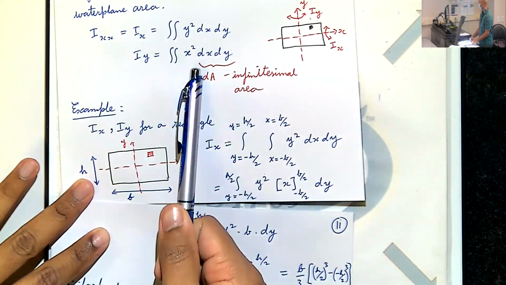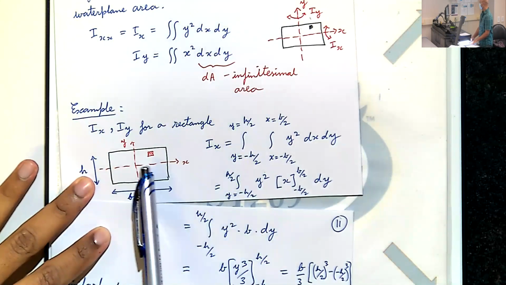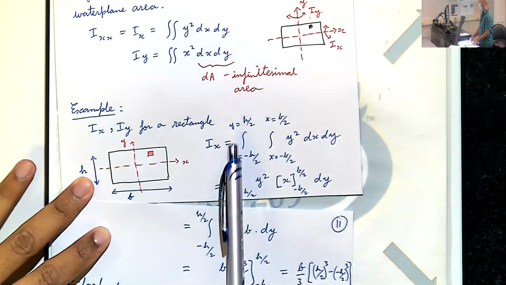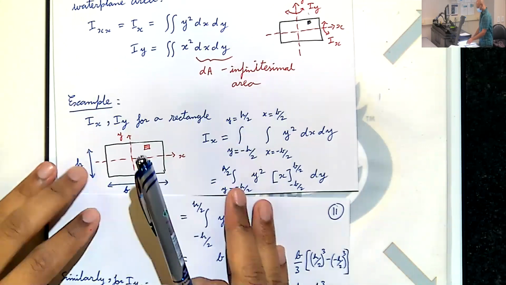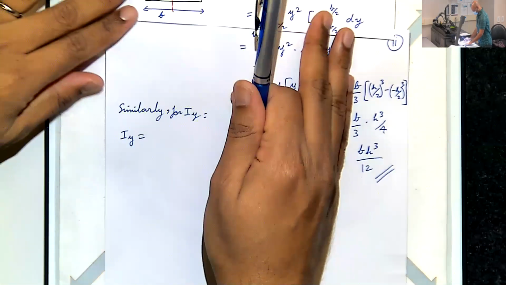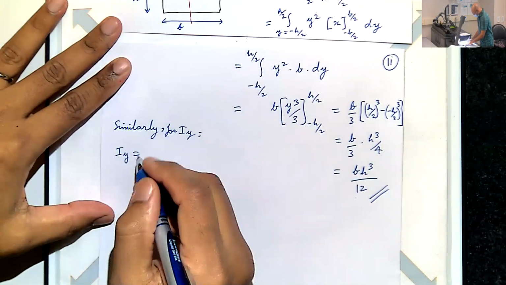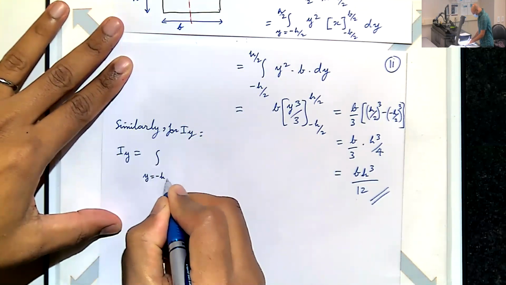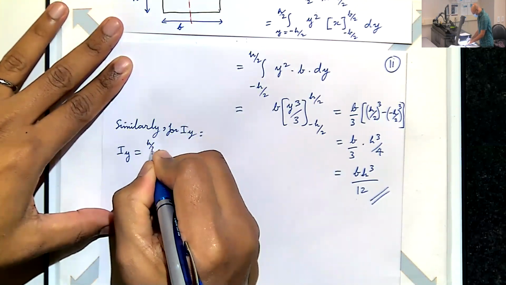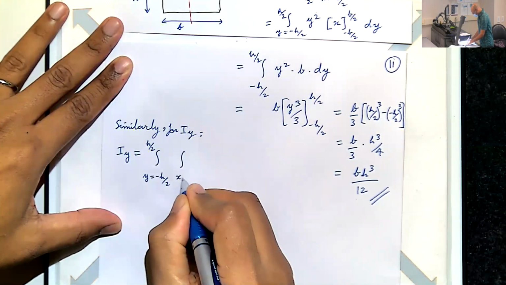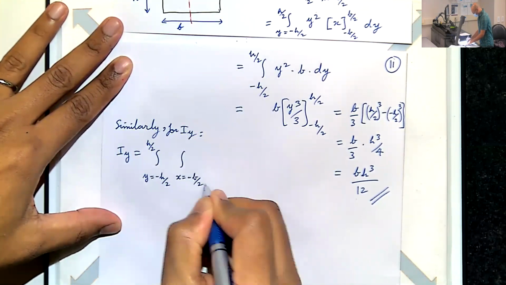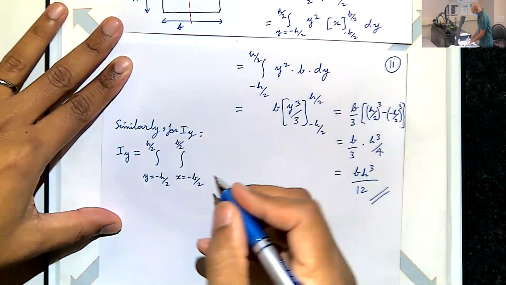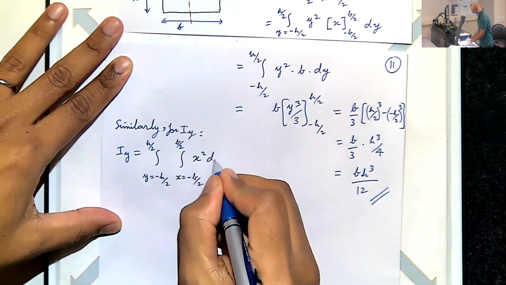And the limits, we still want to cover the whole rectangle, so the limits would be the same. Negative h over 2 to h over 2. So we have y going from minus h over 2 to h over 2, x going from minus b over 2 to b over 2, and we have x squared dx dy.